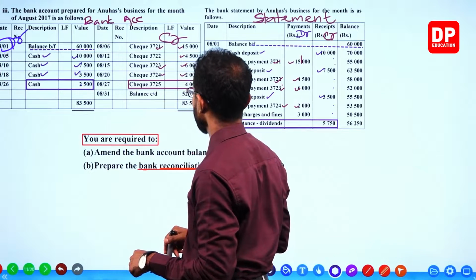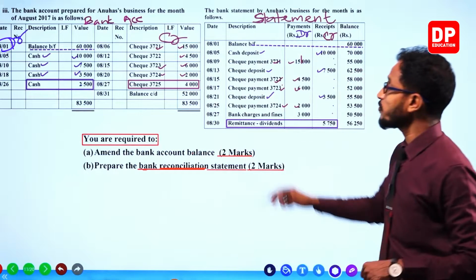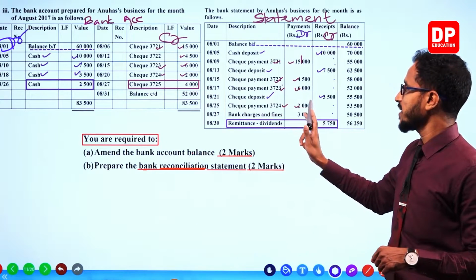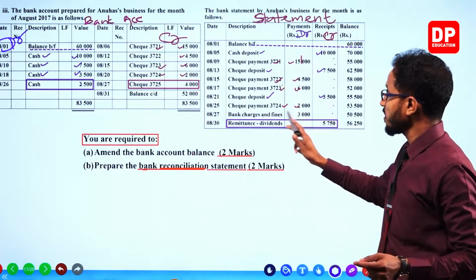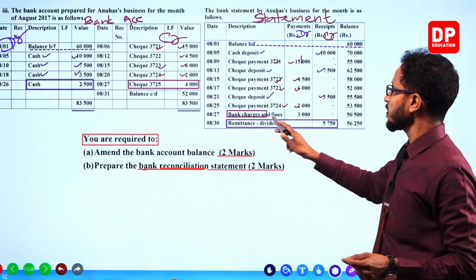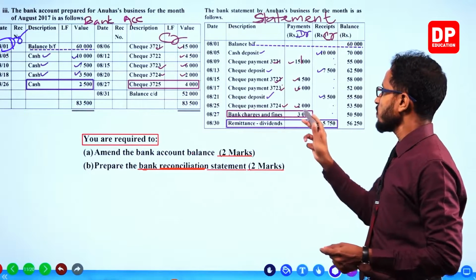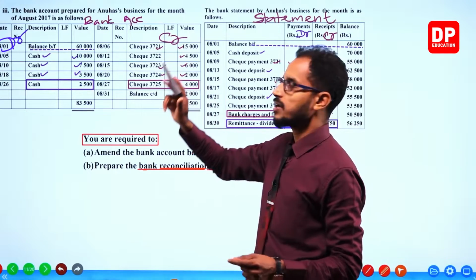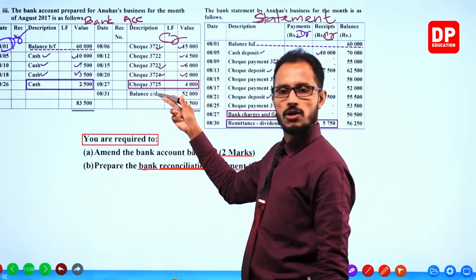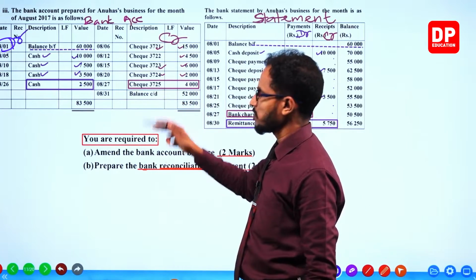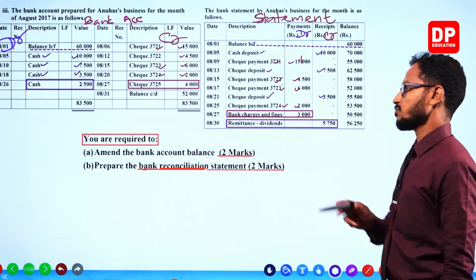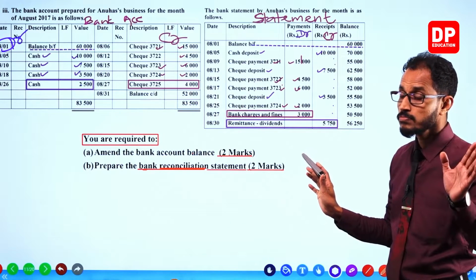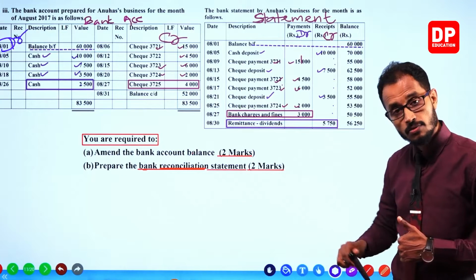Apart from that one, in the debit side of the statement there is another item of 3000 which is not appearing in our bank account. So we circled that also. Okay, are you clear now?